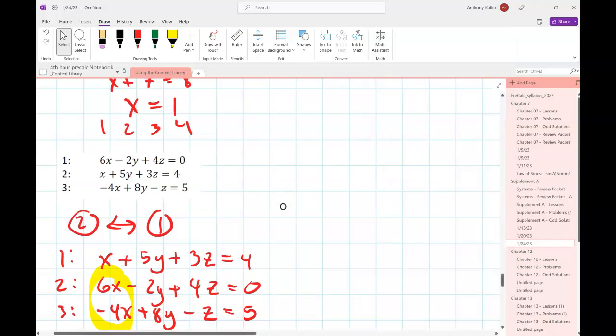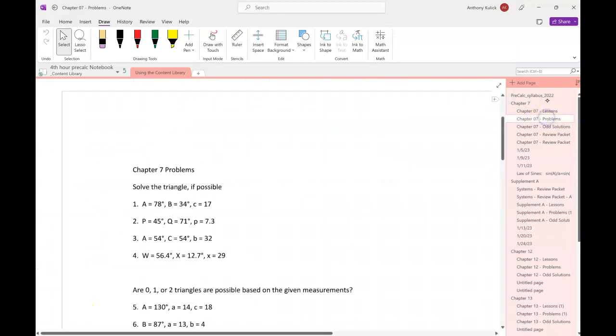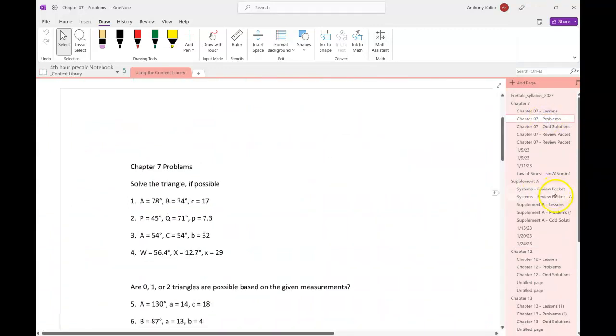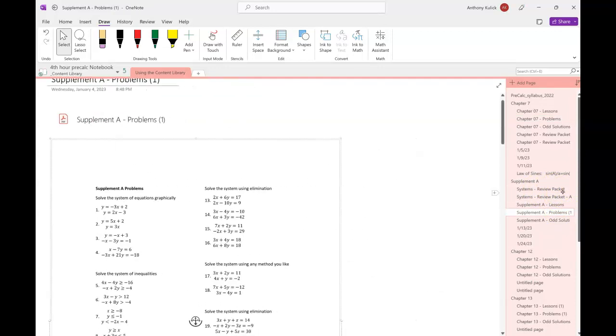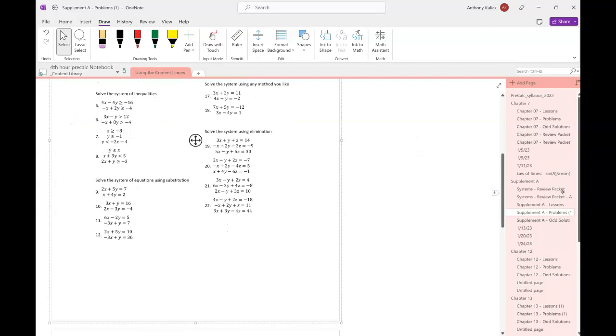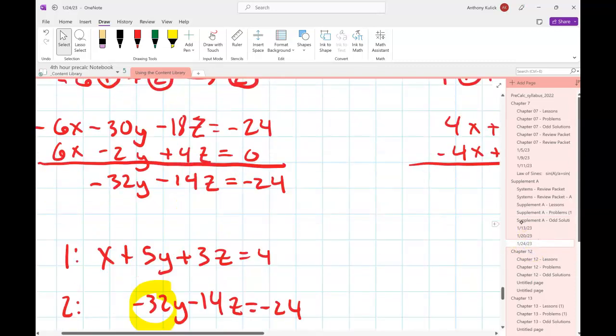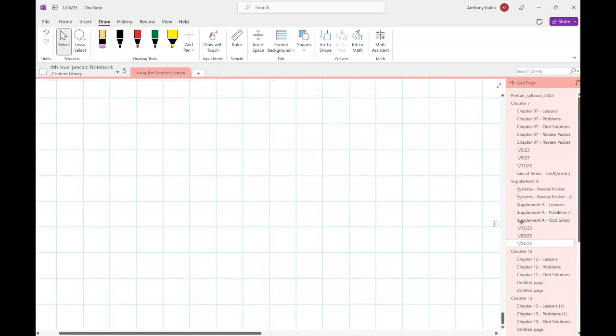So at this point, we can now do all of the rest of the problems from the supplement. So I think, what are we up to? We did 1 through 8 last time, so we're now 9 through 34 or whatever is the rest of this.